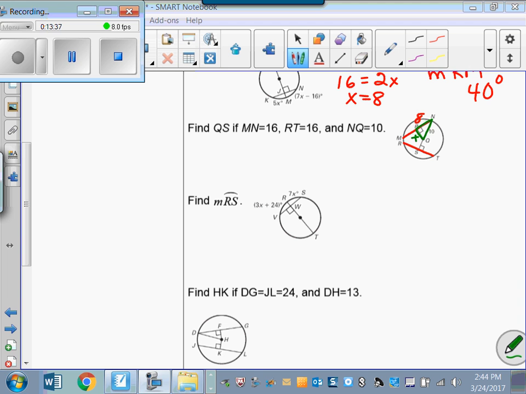So what I have now, my little green right triangle, is a Pythagorean triple, right? Because if I divide 10 by 2, that would be 5. This would be 4, which means x would be 3 times 2. So x is going to be 6, and I know that's equivalent to QS. So QS is going to be 6 in this case.